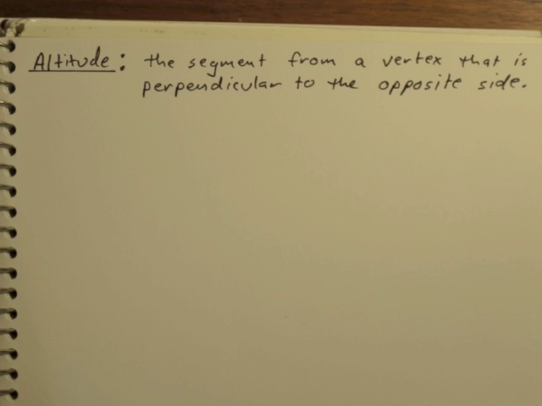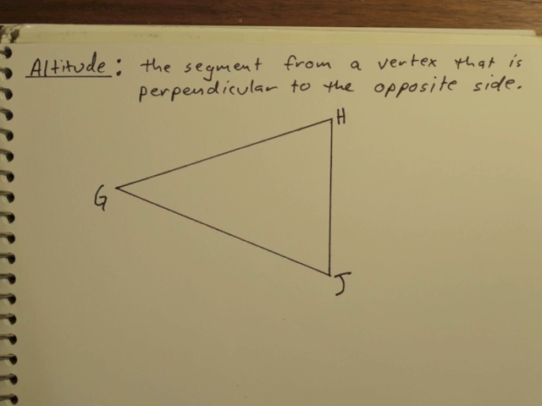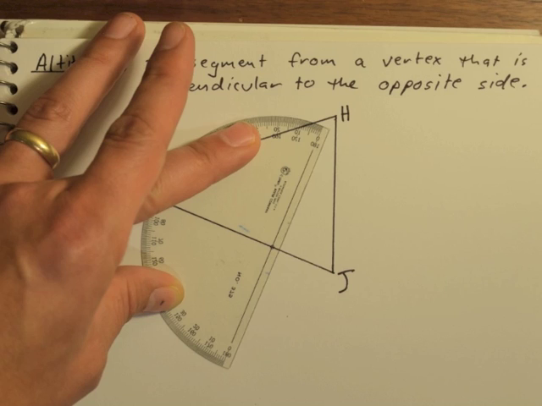Our third special segment is called the altitude of a triangle. Now the altitude is the segment from a vertex that's perpendicular to the opposite side. Now you could choose to construct this if you choose. I'm just going to measure it using my protractor. So for example, I've got this triangle, GEH, and I'm going to slide the 90-degree protractor.